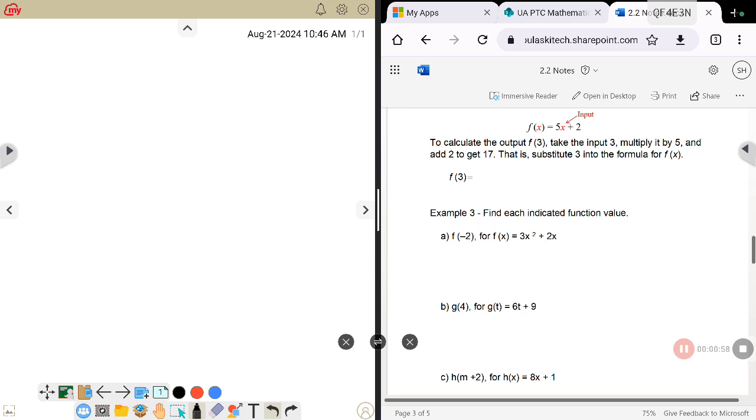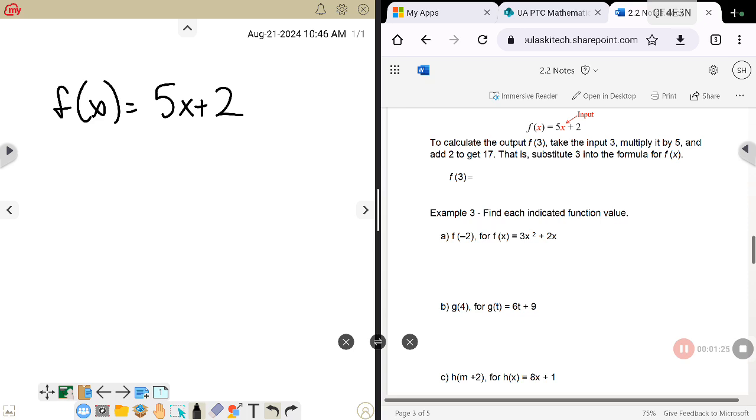So we have a function, f of x equals 5x plus 2. It wants us to find f of 3. What that means is you are going to replace the x in this function with that 3.